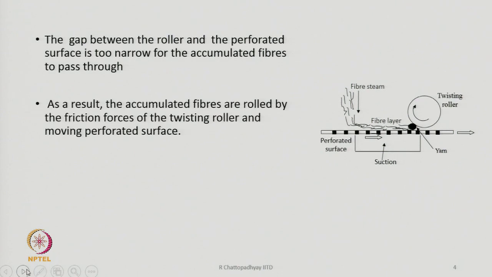The accumulated fibers will be rolled, because, as shown here, fibers are accumulating in this region, and the surface is trying to move this way, and the roller surface is also giving friction, going this way.